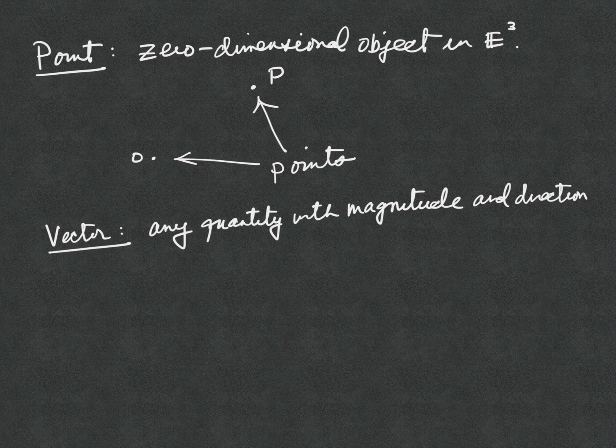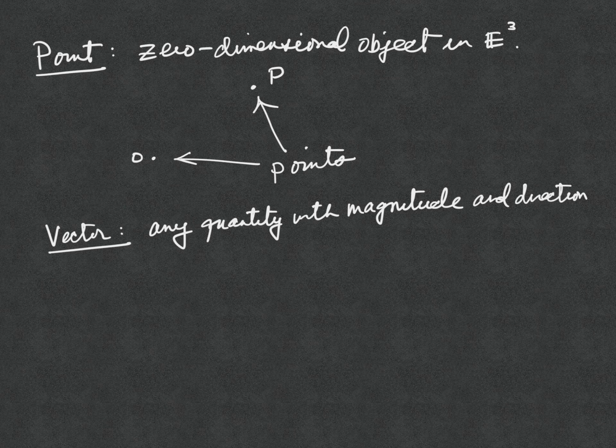Now what's important about vectors is that vectors are created from points. So again, suppose I have a point O, and I have another point P. If I take the directed line from O to P, that creates a vector.